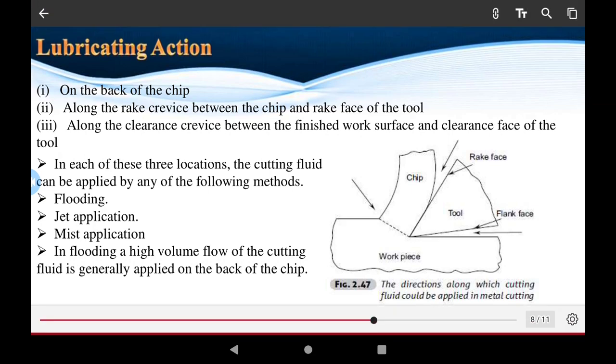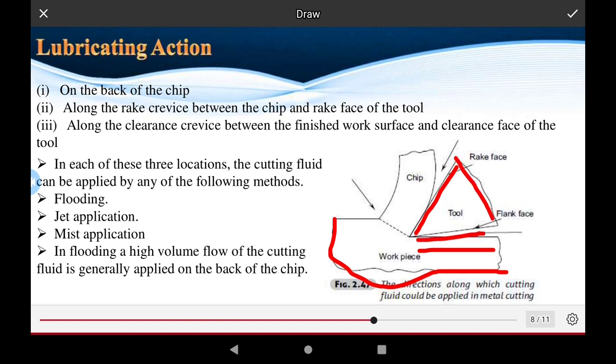I present for this operation, this is the workpiece, okay, and this is the tool. Okay, this is the tool, and this is the rake. This is the chip. This is the first zone. This is the generated heat. Okay, heat, and this is the rake face.